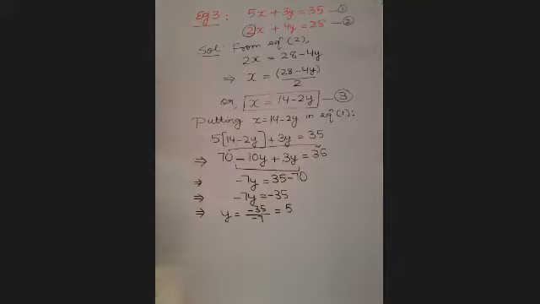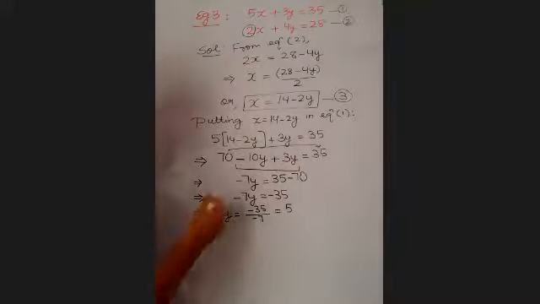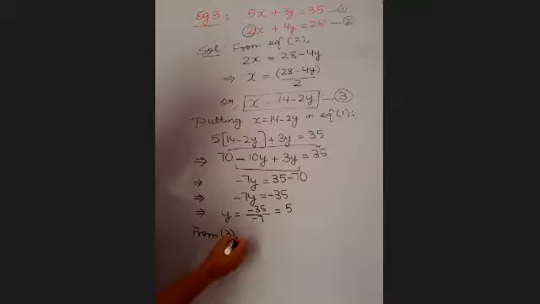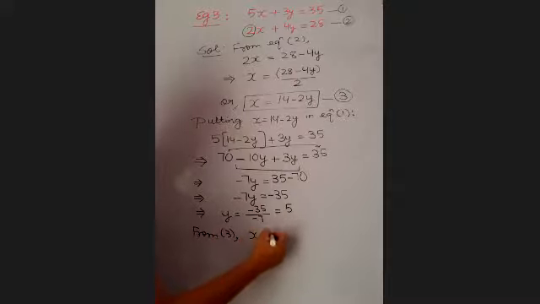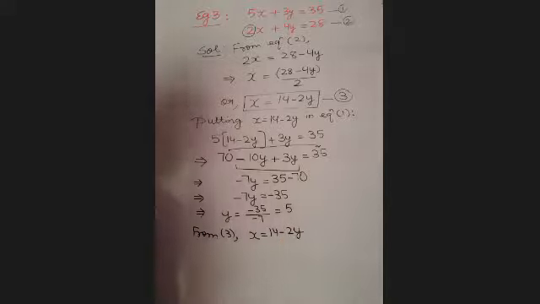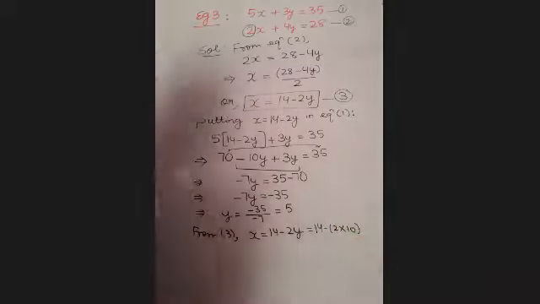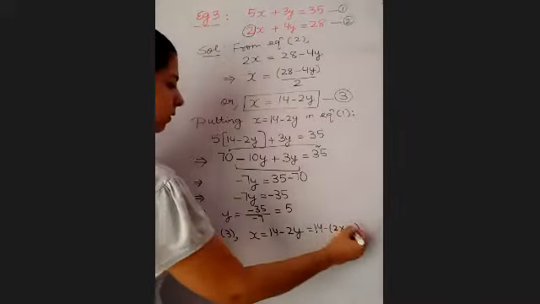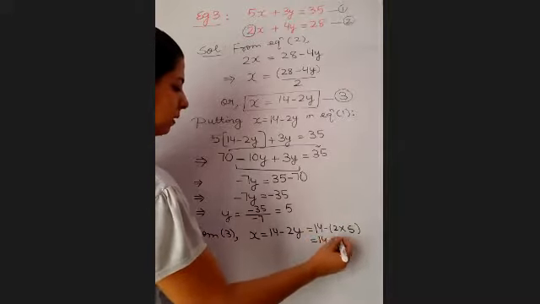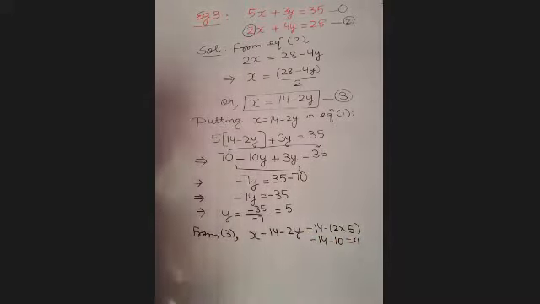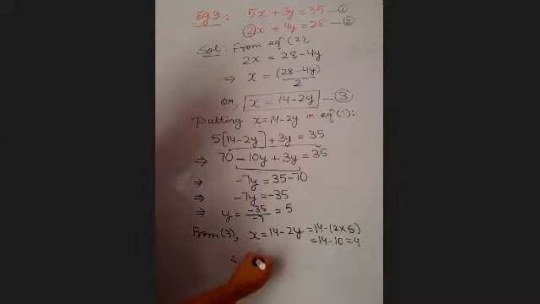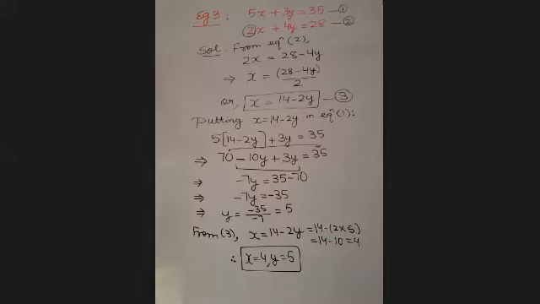Now putting y is equal to 5 in equation 3, x is equal to 14 minus 2 into 5, which is 14 minus 10, which is 4. Therefore, x is 4 and y is 5. Clear, children? Yes, ma'am.